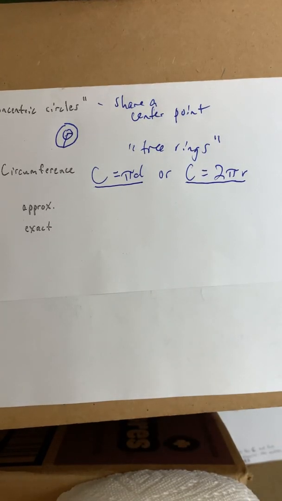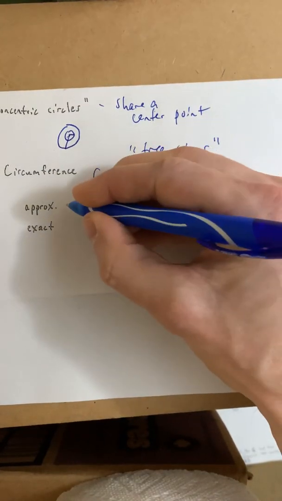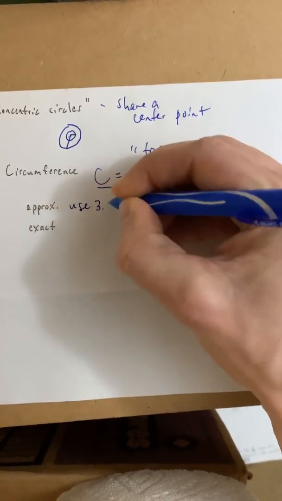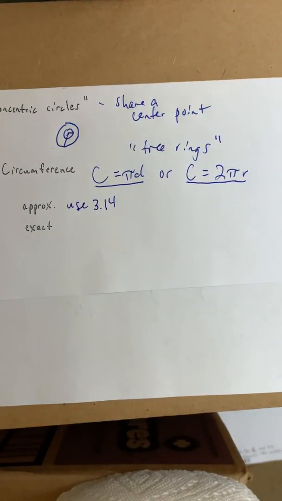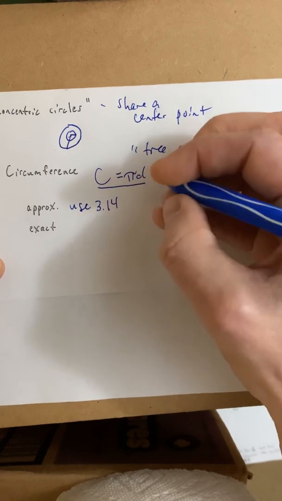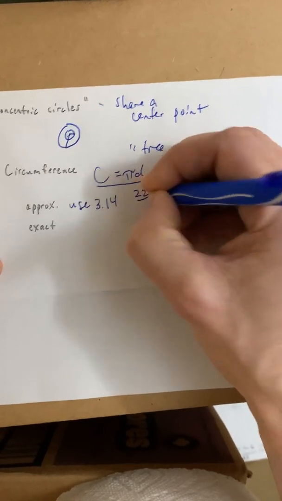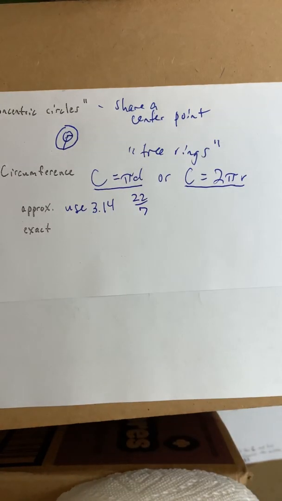Make sure that you read the directions in the problem that you're doing. Sometimes they want an approximation for the circumference. Sometimes they want an exact circumference. So remember, since it involves pi, for an approximation use 3.14 for pi. Now, some of y'all might have seen the fractional approximation for pi. 22 over 7 also works as a fraction approximation for pi.